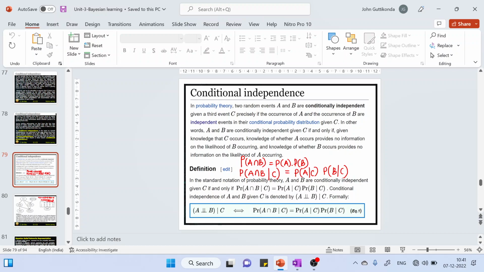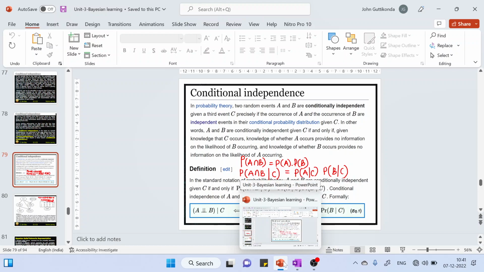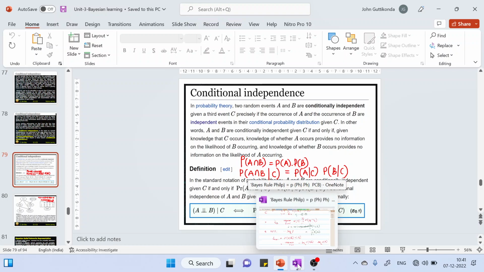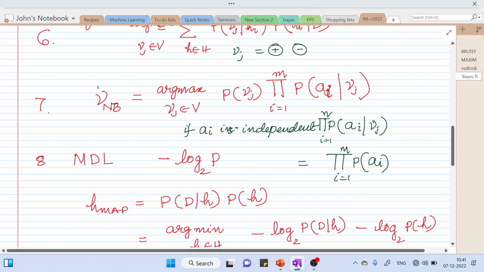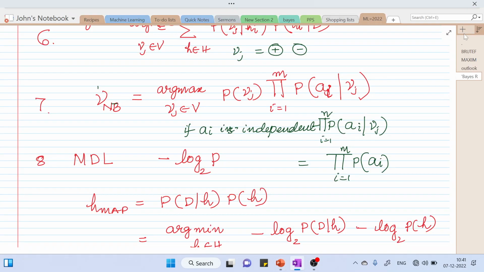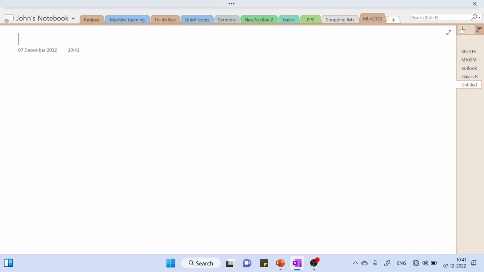So here we are talking about two events, A and B. Both are conditionally independent of each other, but they both may depend on the third event, C.